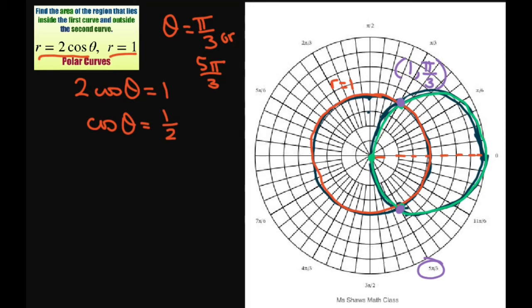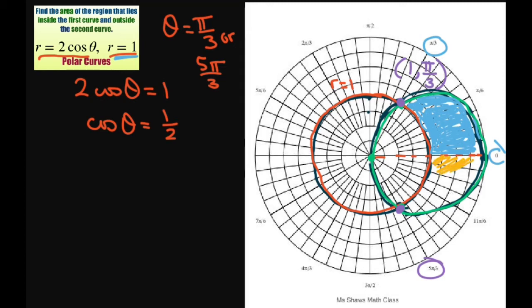Find the area that lies inside the first curve. So this is the first curve, this green one, so inside of this, but outside of our simple one. So it's going to be this area here. Now, if I just go from 0 to pi divided by 3, then all I have to do is multiply it by 2 to also get the area of this one, 0 to 5 pi over 3.